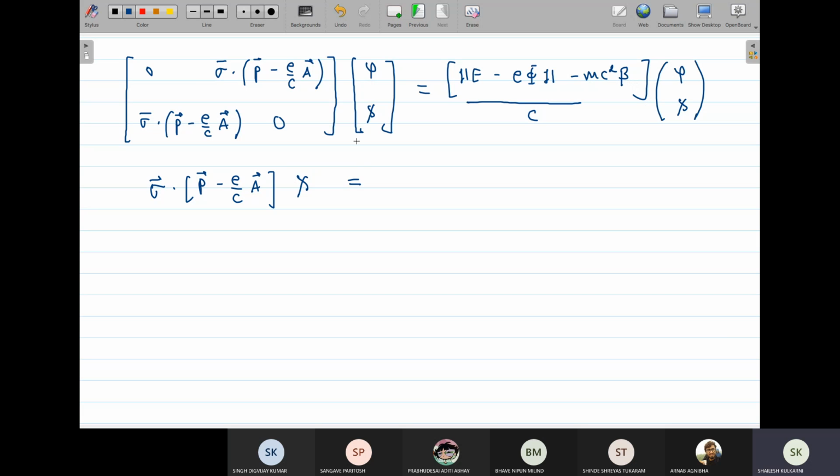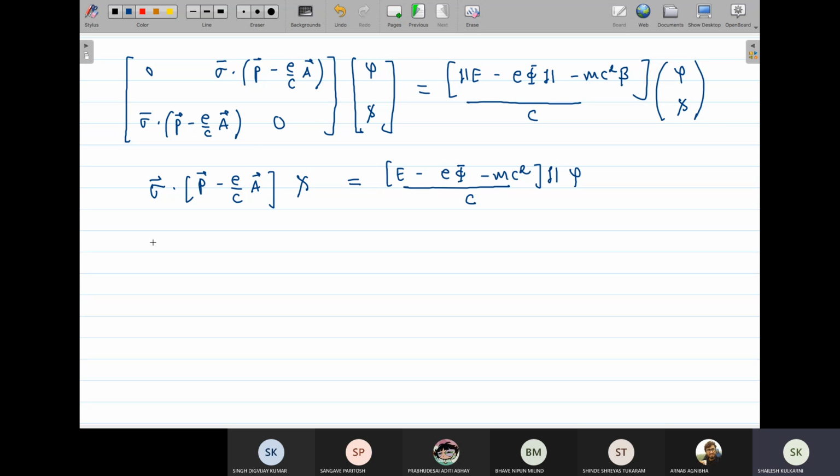So for chi I will get E minus e phi, minus m c square, this identity into phi, divided by c.